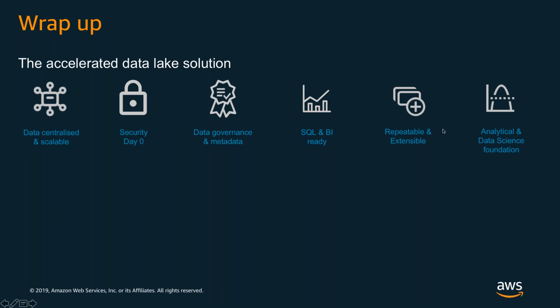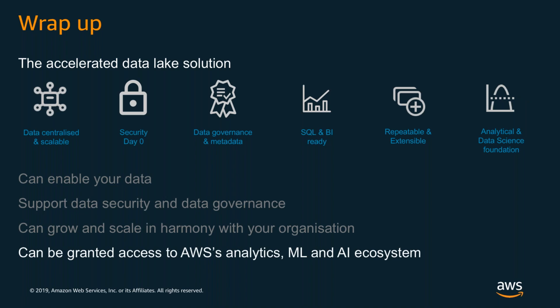The solution is repeatable and extensible by using that pipeline and just onboarding more data sets. And it becomes your analytical and data science foundation. It's really going to enable your data, support your data security and data governance, grow and scale in harmony with your organization, and you can grant the environment access to your analytics, machine learning, and AI ecosystem within AWS.